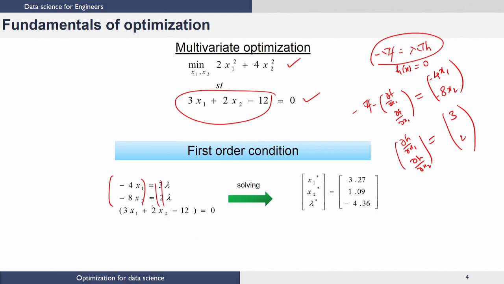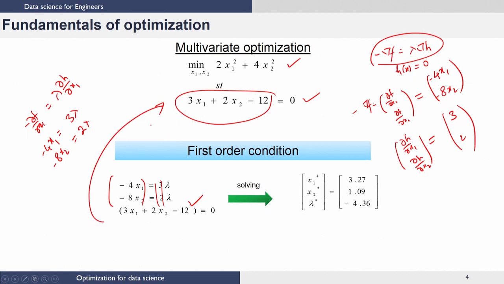The first equation is minus dou f dou x1 equal to lambda dou h dou x1, and we have minus 4x1 equal to 3 times lambda. Similarly, the second equation would turn out to be minus 8x2 is equal to 2 times lambda, and this equation is basically the same equation as the constraint equation that we have here.